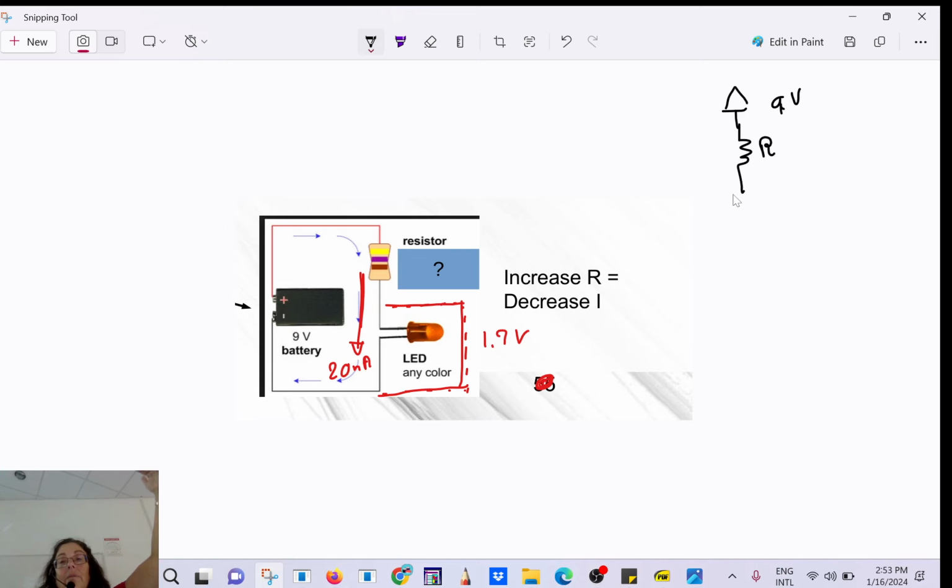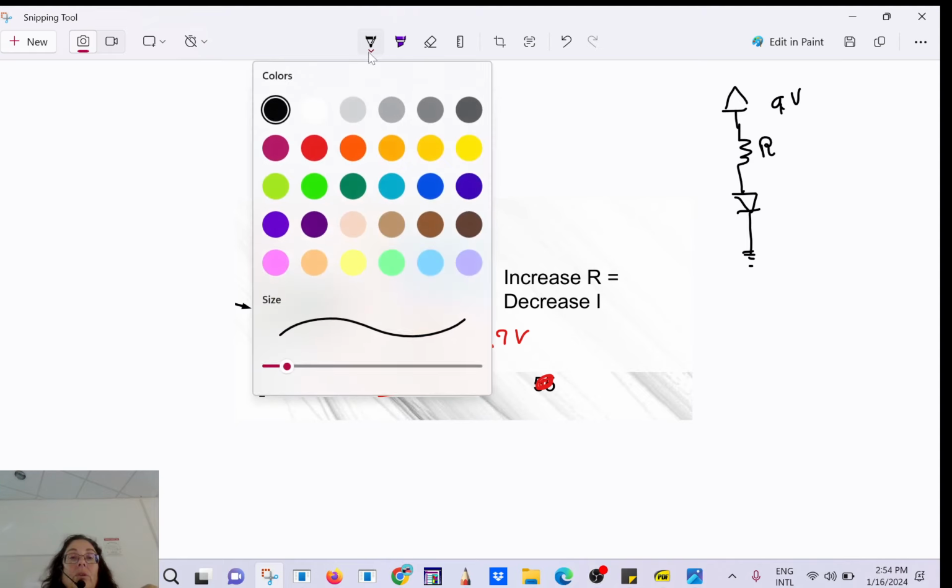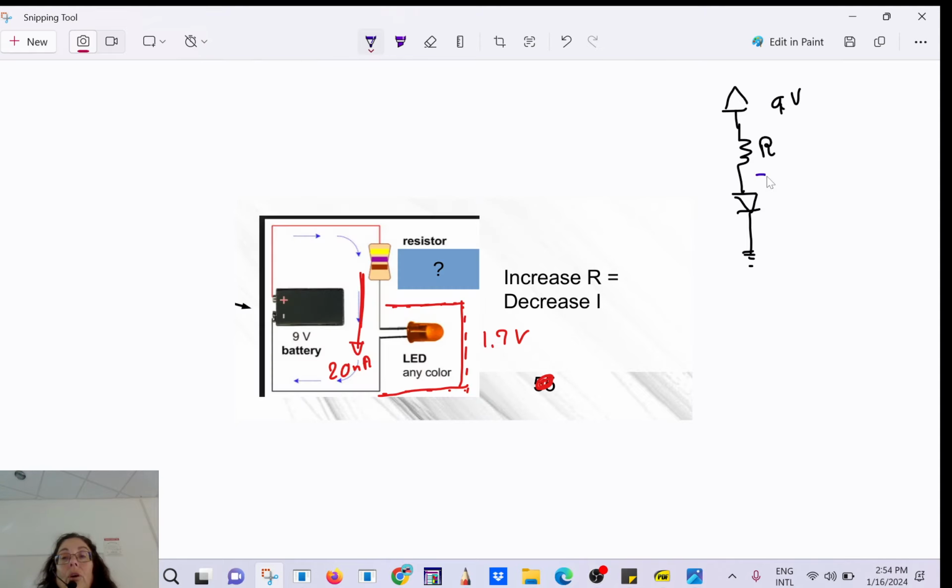And here I have an LED that does not obey Ohm's law, so I don't put an R here. However, what do I know? I know that the voltage drop across the LED is like taking a measuring tape and measuring the height. The height is 1.7 volt. Are you with me?